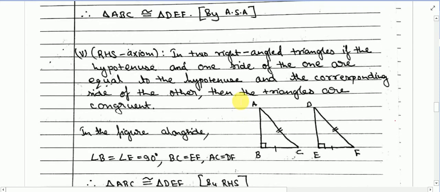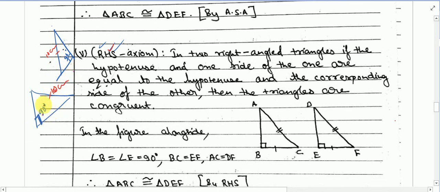Next is RHS. RHS is for right angle triangles. So let's say I have two right angle triangles. Right angle triangle means one angle is 90 degree. This is 90, let's say, and then comes H. H stands for hypotenuse. You know hypotenuse is the side opposite to 90 degree. Let's say this is 10 centimeter, and for this also it's 10 centimeter.